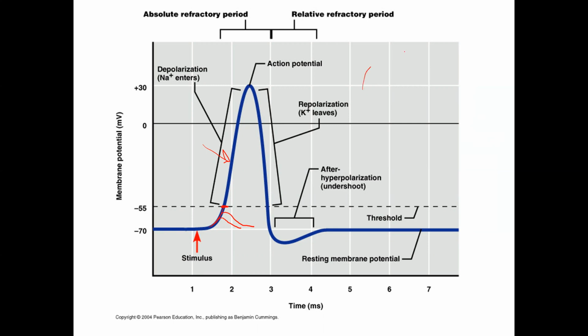So here, for example, is the neuron, and that's its axon. Here's the nucleus, and those are dendrites. Let's imagine that this neuron is located in your skin, maybe in the skin of your leg.